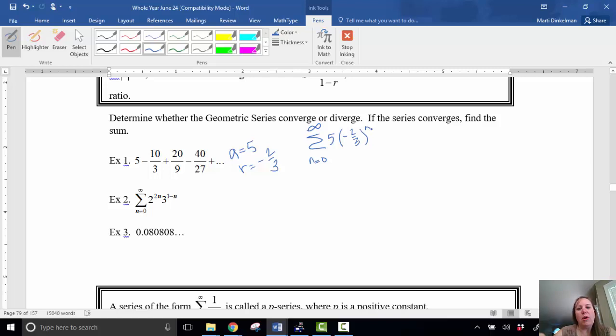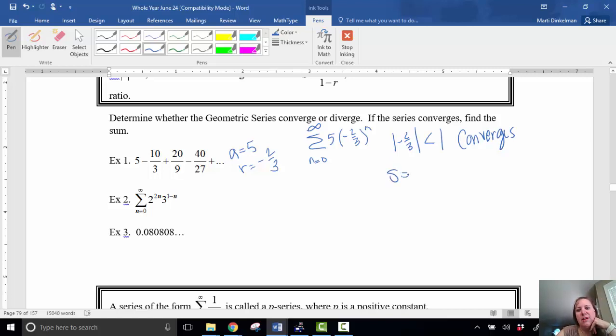So what we want to look for is what's the absolute value of our ratio. So the absolute value, well, yep, that is less than 1. So that fits into the convergence category. Now, if it converges, in this assignment I'm going to want you to go ahead and figure out what the sum is.